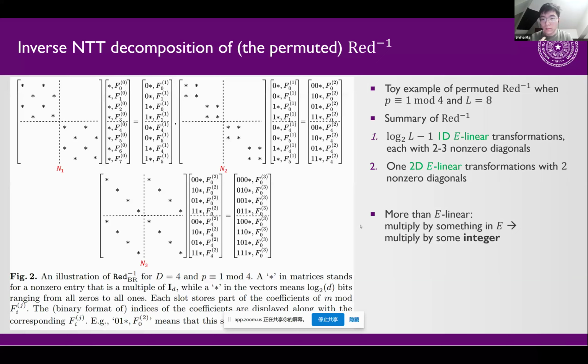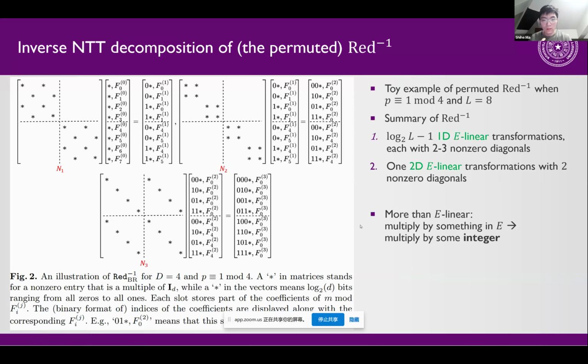This is a toy example of the permuted red inverse when p equals 1 modulo 4 and with 8 slots. So we have three NTT matrices here, N1, N2, and N3. The first two are one-dimensional E-linear transformations, each with 2 to 3 non-zero diagonals.